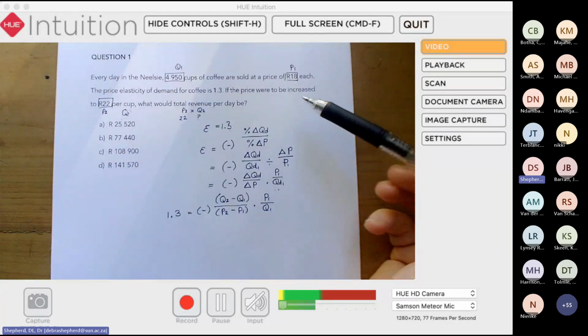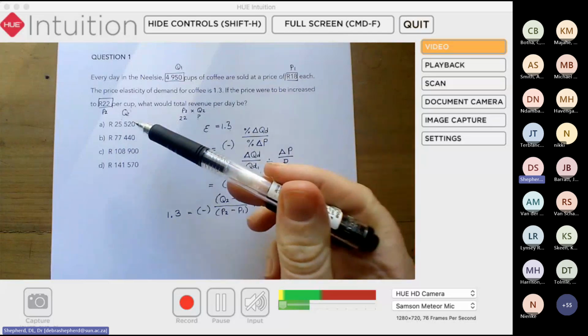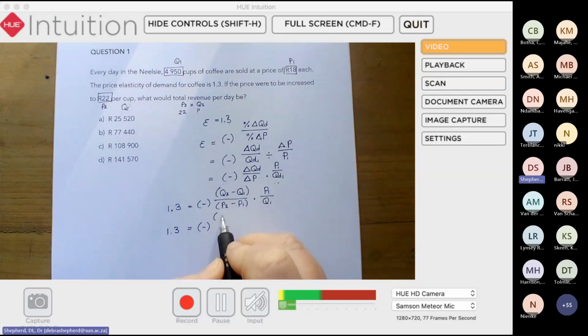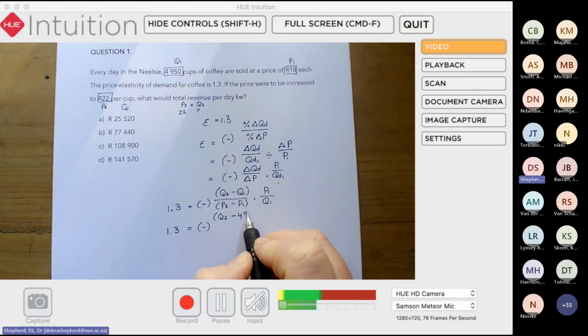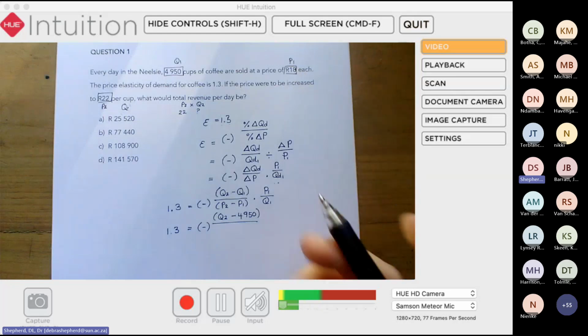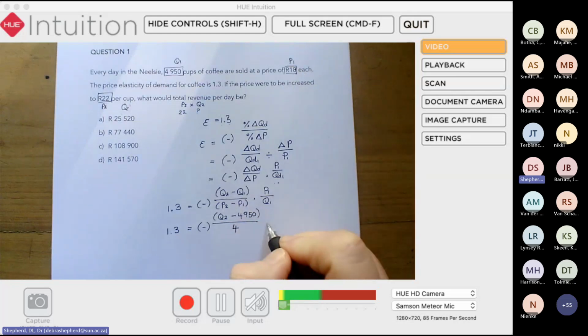And now I can sub in my price 1, my quantity 1, and my price 2. So 1.3 is equal to minus, Q2 is my unknown, Q1 is 4,950, price 2, which is 22, minus price 1, which is 18, gives me 4.